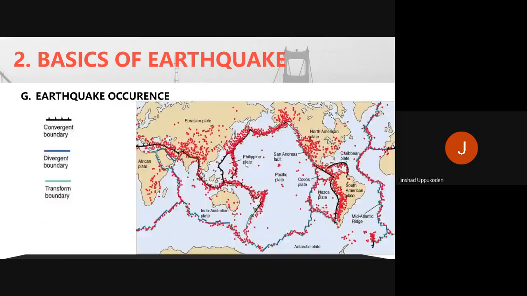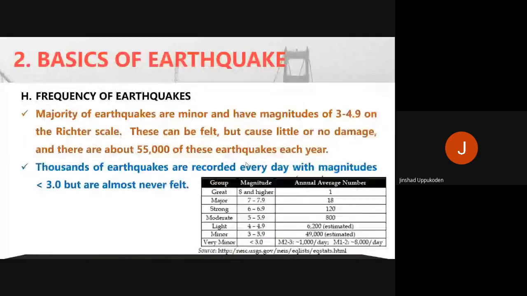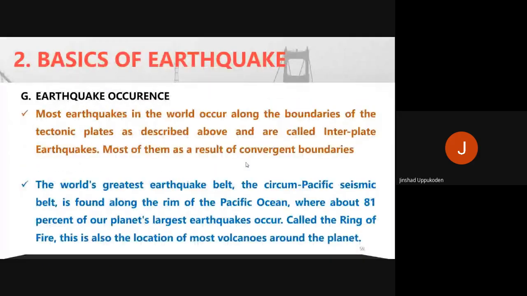I think one last topic, and then we'll wind it up. Now, as I told you, earthquake occurrence. I told you earlier that most of the earthquakes will occur at the plate boundaries, almost 80%. And there is one plate boundary, which is also called the ring of fire, where the maximum number of earthquakes and volcanoes occur.